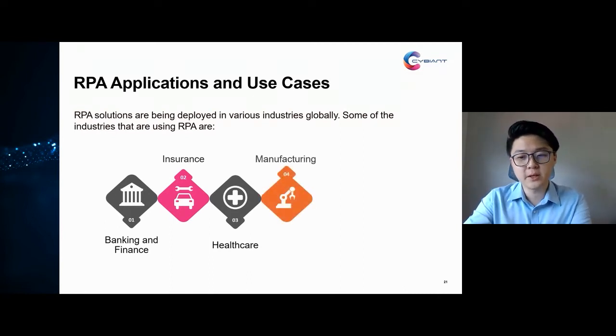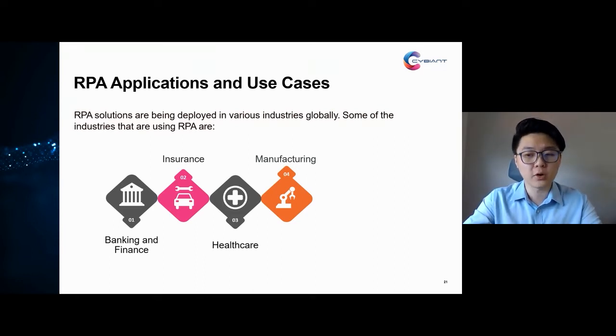The fourth one, manufacturing. RPA solutions facilitate reporting and administrative tasks. They provide benefits in areas like bill of materials, front office experience, back office operations, and so on. All these help them lower their operational costs.